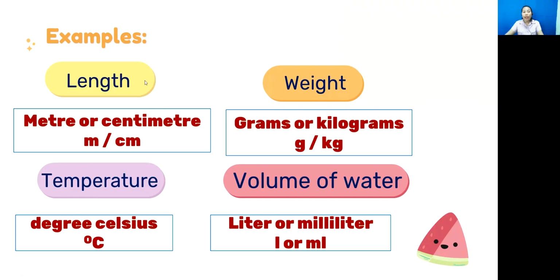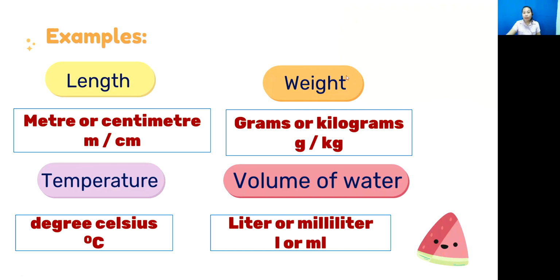We measure the length of our table, our curtain, our legs. We can measure how long or how short is the object, or the thing.